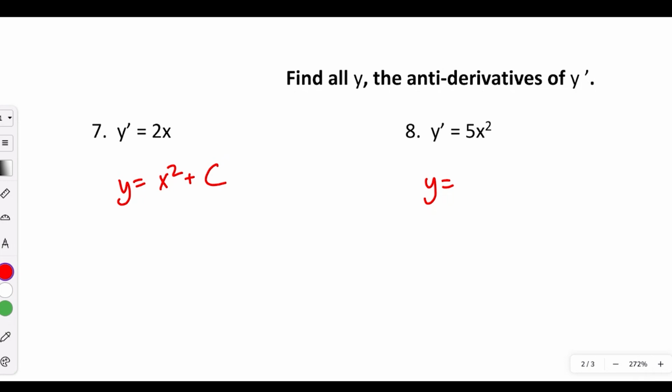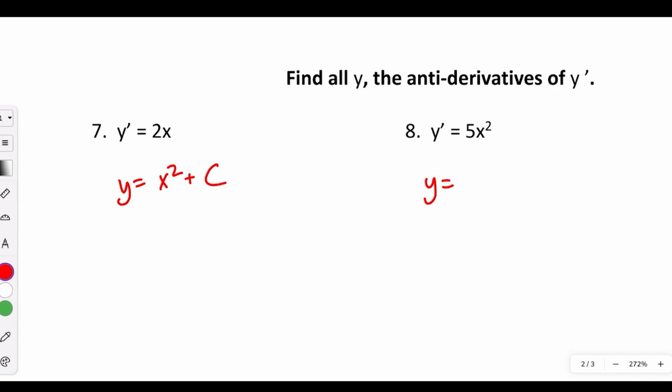All right, so before we say the full answer here, what does the exponent have to be? Let's think about how we do the power rule. If we have something like y equals x to the fifth, what's the derivative of that? 5x to the 4.